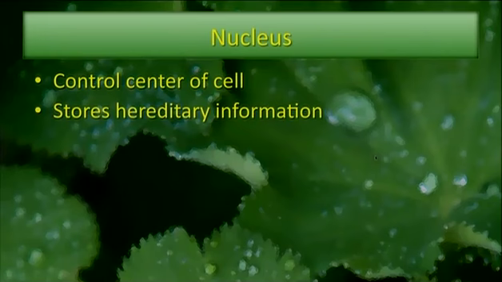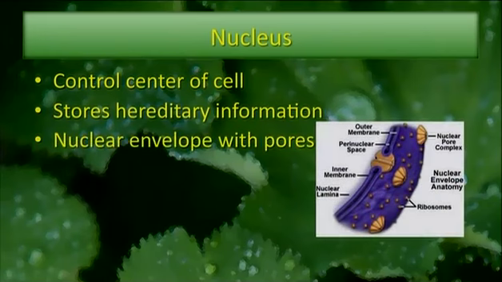The nucleus itself is a roundish or ovoid structure in the cell, surrounded by the nuclear envelope, a double membrane with pores in it to allow, say, mRNA to come out or amino acids and nucleotides to go into the nucleus.